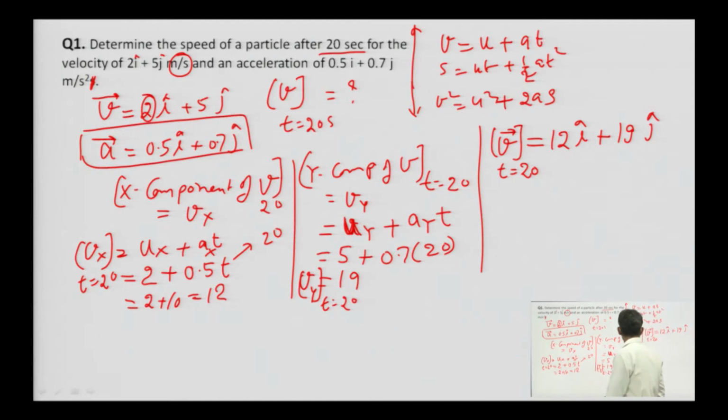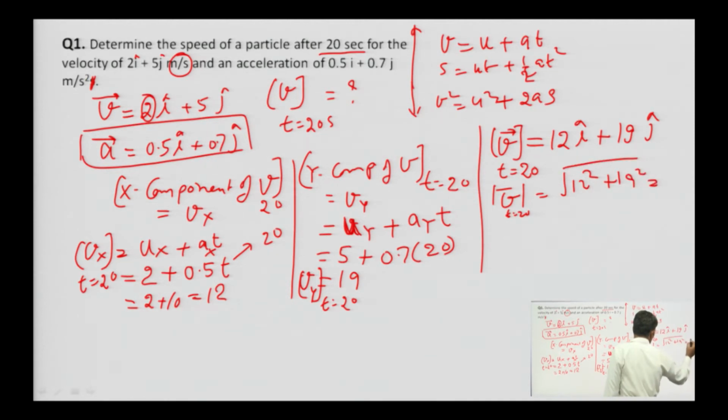What will be the magnitude? If the vector is known to you, then the magnitude mod of V at t equal to 20 will be under root of 12 square plus 19 square. Solve the value.